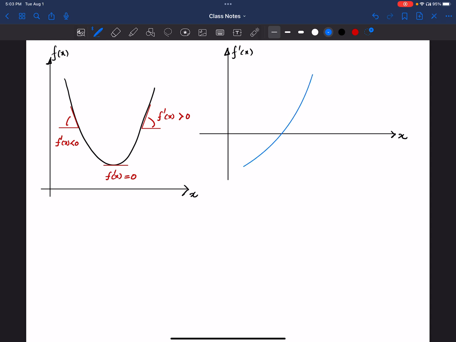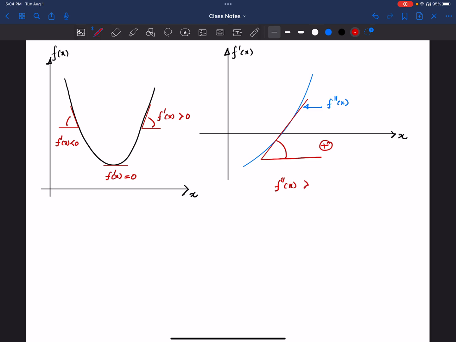Now if I draw a tangent to this curve, the slope of this tangent line represents f double prime of x. The slope in this case is positive, so f double prime of x is positive.